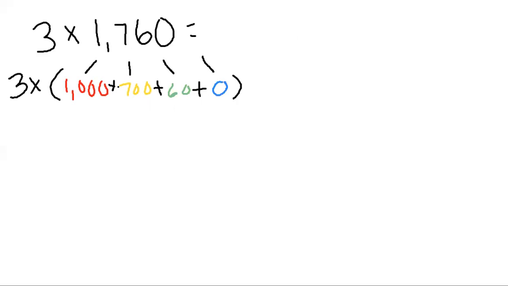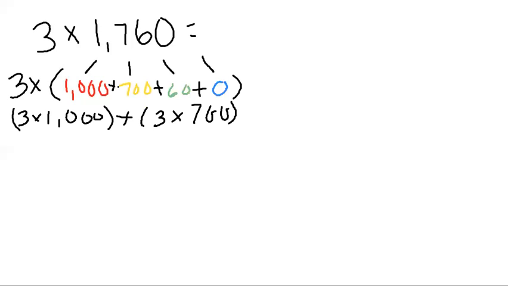I'll do the same. 3 times 1,000. Add that. So 3 times 700. We're going to add that. 3 times 60. And we're going to add that to 3 times 0.